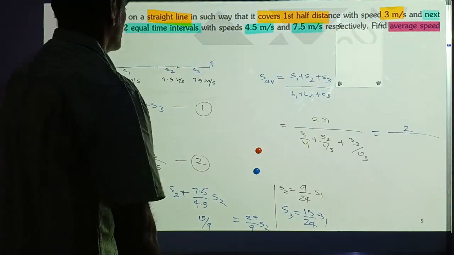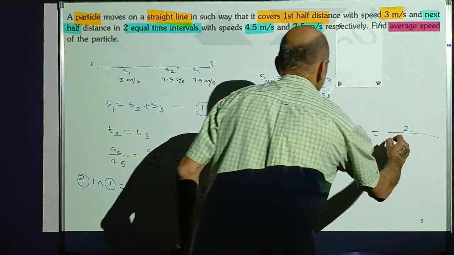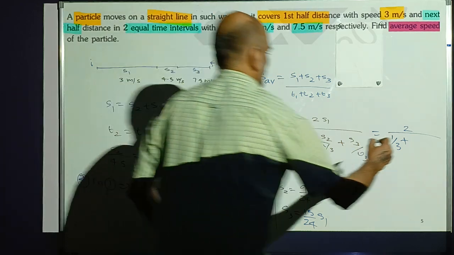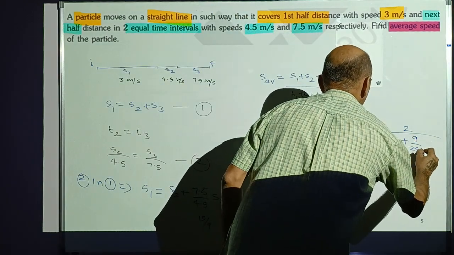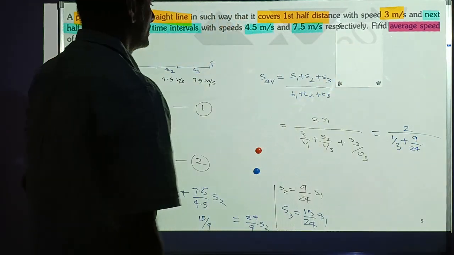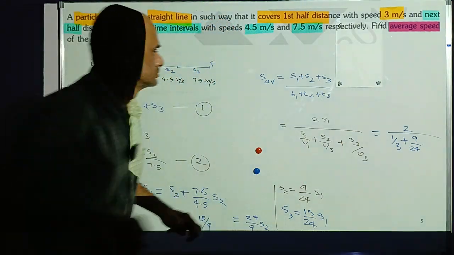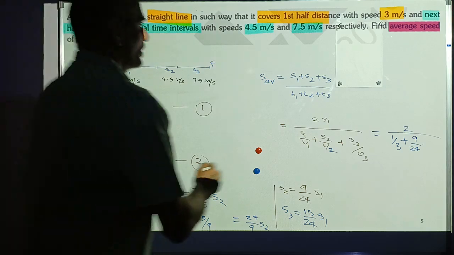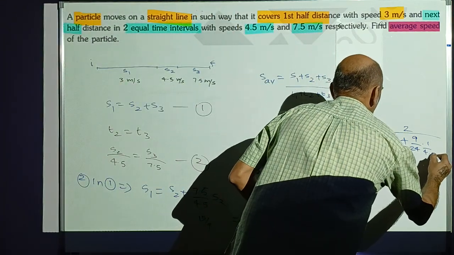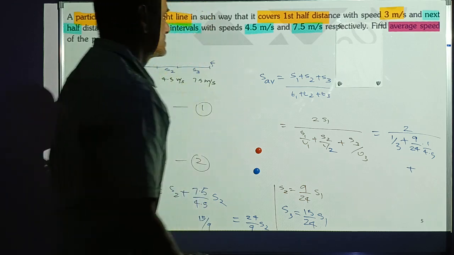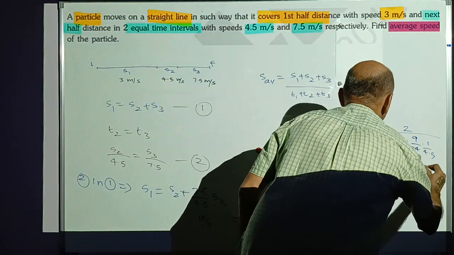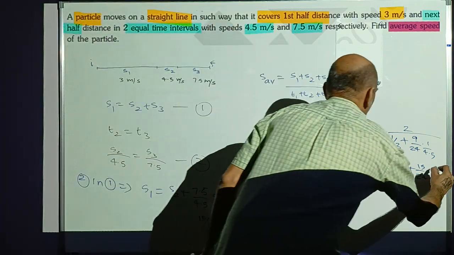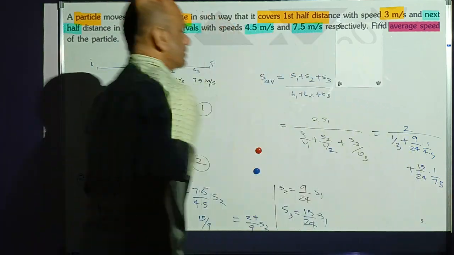S1 will cancel. 1 by V1 is 1 by 3, plus S2 is 9 by 24 into 1 by V2, where V2 is 4.5. Then the third term is S3, 15 by 24, into 1 by V3, where V3 is 7.5.